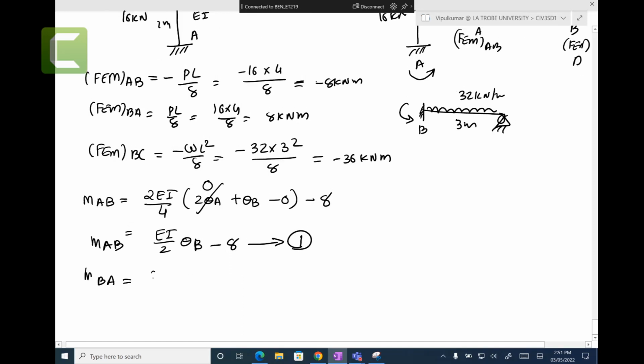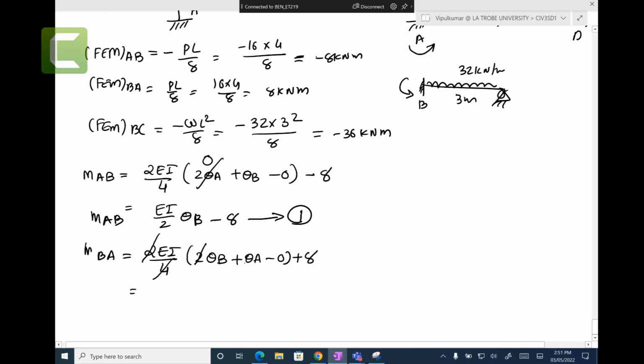MBA equals 2EI on 4. I think the EI value is different here, right? For BC. Okay, but that is for BC; AB is just EI. That's right. So 2 theta B plus theta A minus 0 plus 8. Those cancel, so you get EI theta B plus 8, MBA, equation number 2.